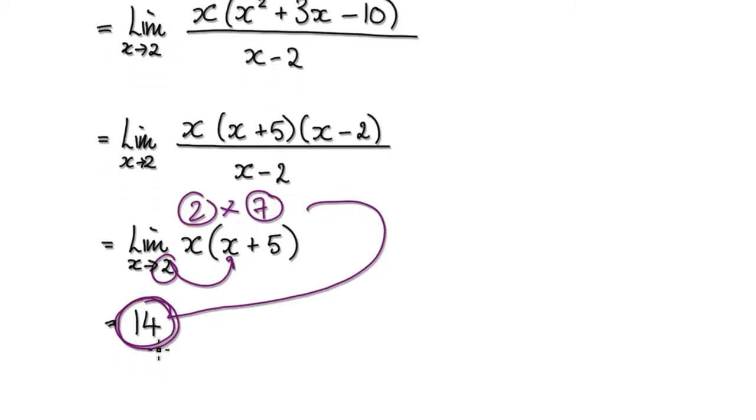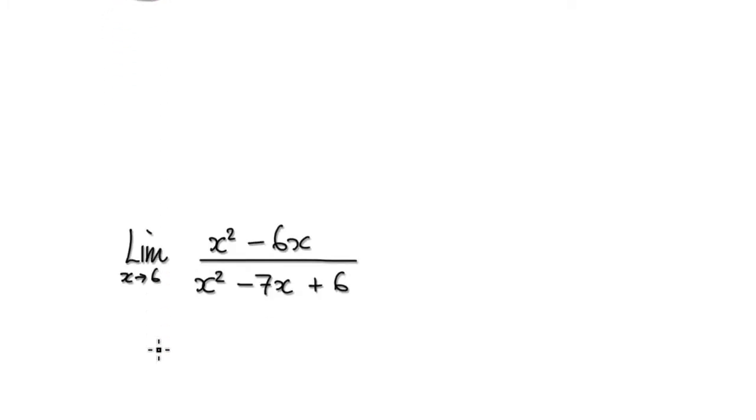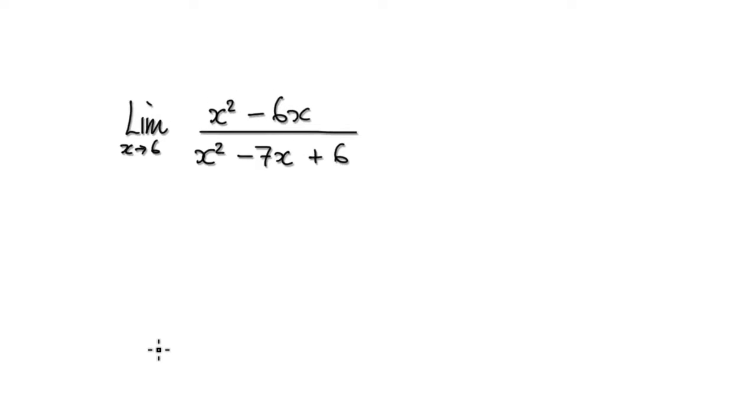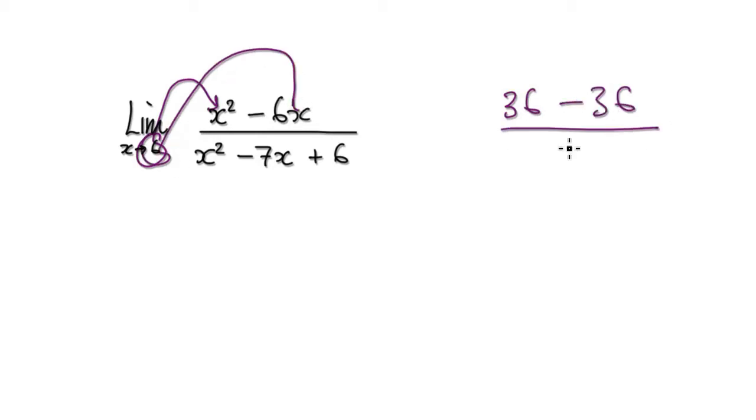Okay. So next one. So here, the first thing you should do is test it. Put the 6 into here, which will be 36. Put a 6 into here, which will be 36 over. Well, if you put 6 into here, this whole thing here will then become, hang on, let's do it.